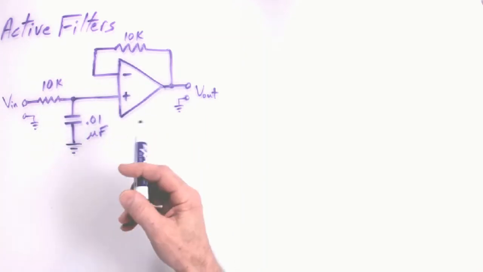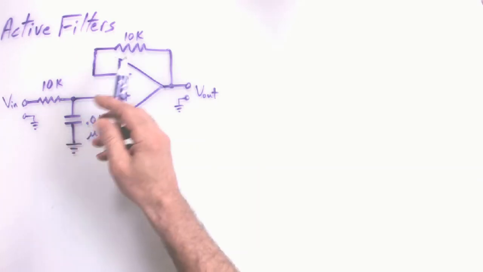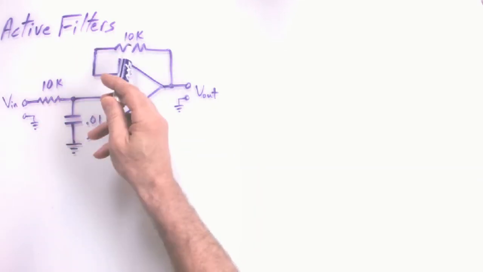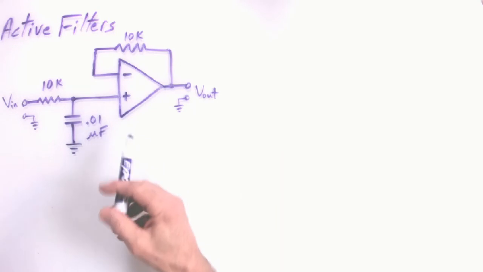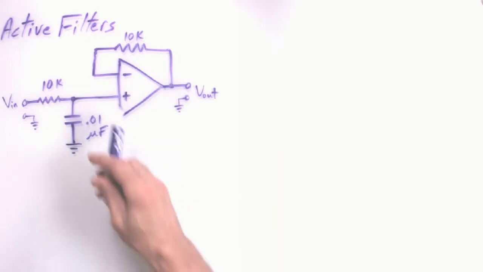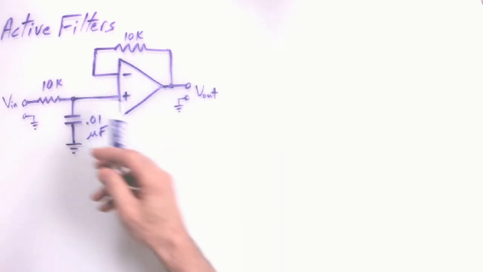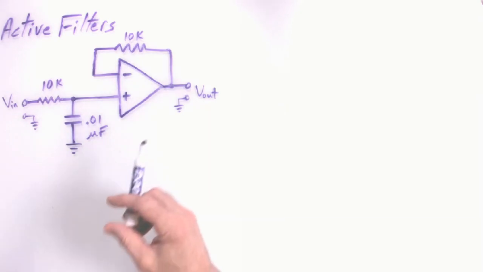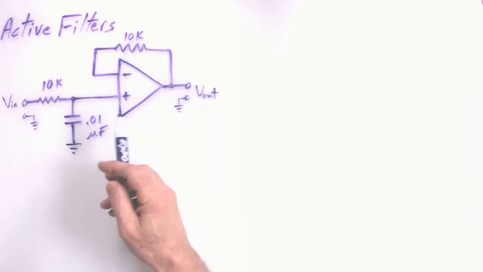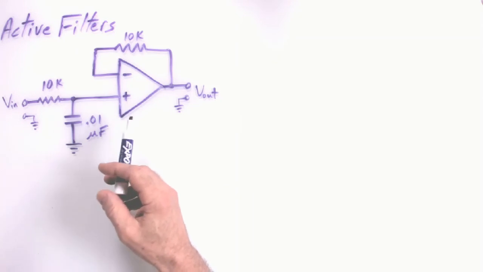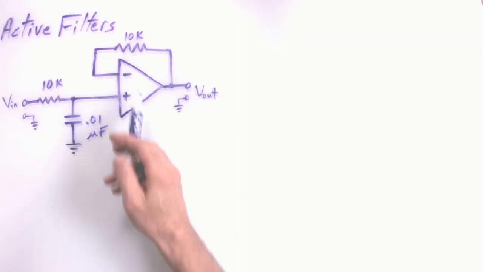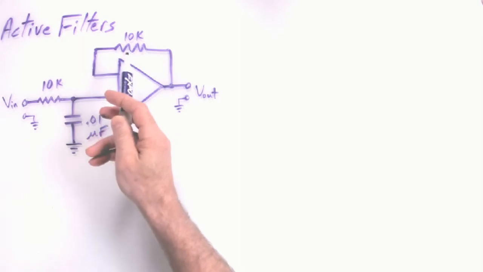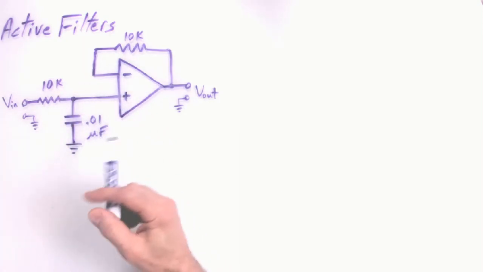But with my limited understanding of why that's there, I think it's fair enough to say it kind of makes sense from a symmetrical point of view, perhaps, and leave it at that. And you can dig up some info on that if you want. You can find whole books on active filter design, and I'm sure find the answers in great depth as to some of the deeper concepts.